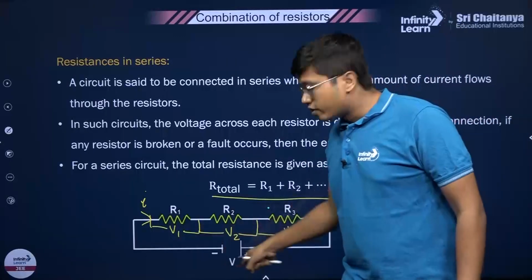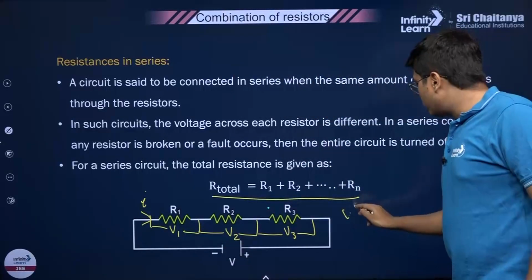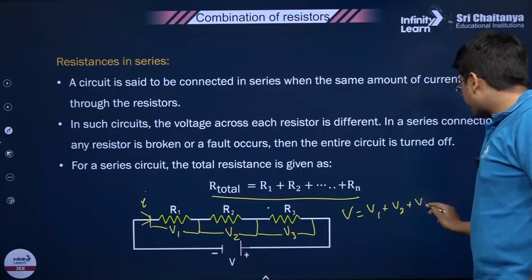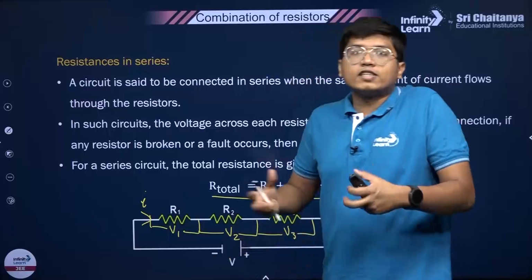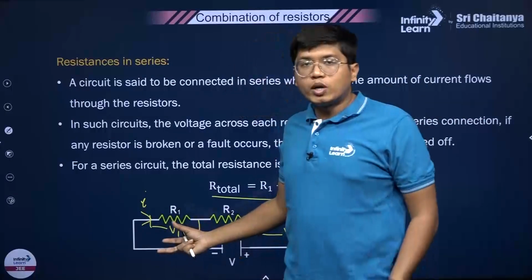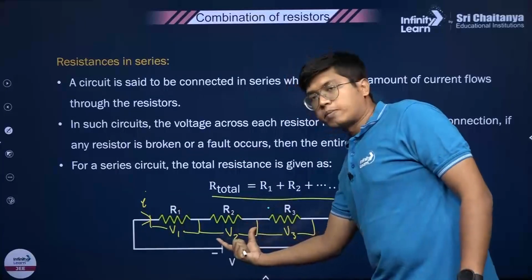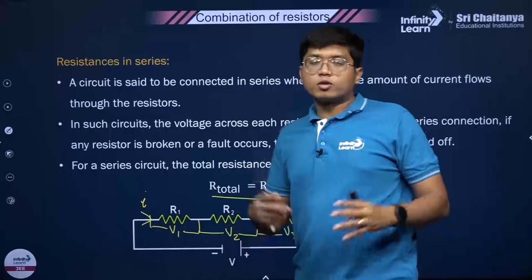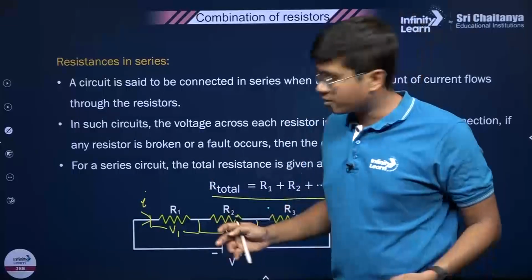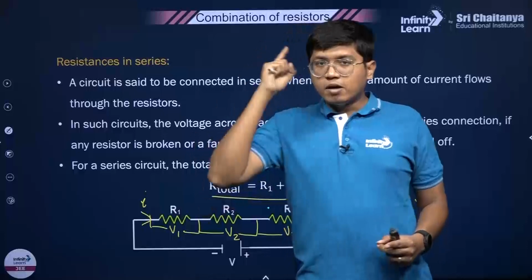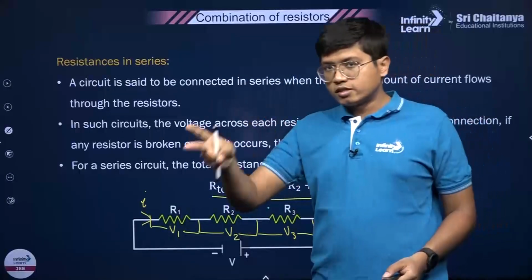And this V would then be equal to V1 plus V2 plus V3. Because think of this like work done. This is the total work done. Part of that work done is used up in R1, part of that is used up in R2 and then in R3. The total energy is distributed among the three places. So that is the series. Remember, current remains the same, voltage may be different if the resistances are different.